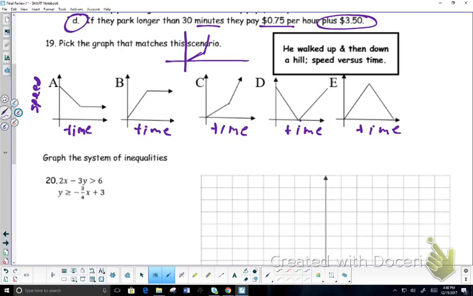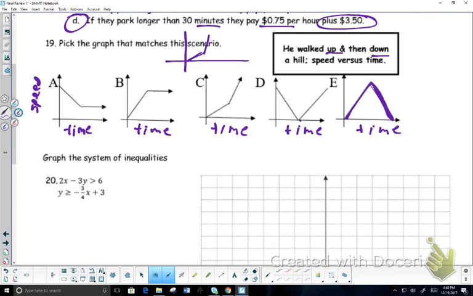If you'll notice, this looks like it's going up and down, but it has nothing to do with going uphill and downhill. This is actually my speed increasing while I'm walking up the hill, and my speed decreasing when I walk down the hill. That doesn't even make sense. If I'm walking downhill, I'll probably be going a little bit faster.